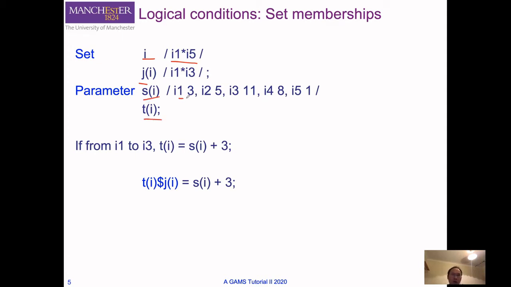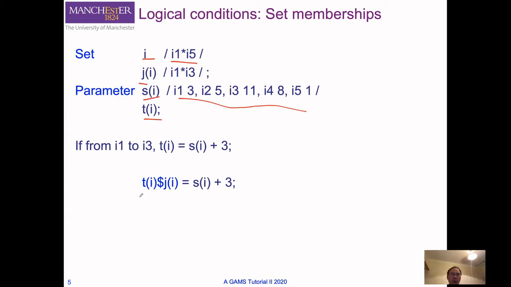Si is also defined. Now we want to assign values to Ti when I is equal to I1, I2, and I3. We don't want to assign values to Ti when I is equal to I4 and I5.